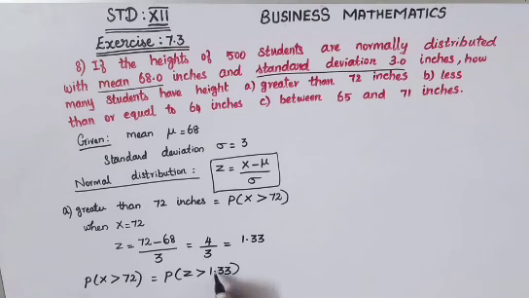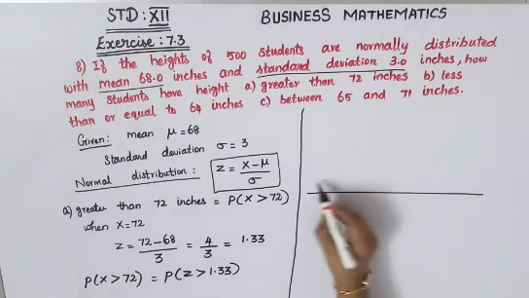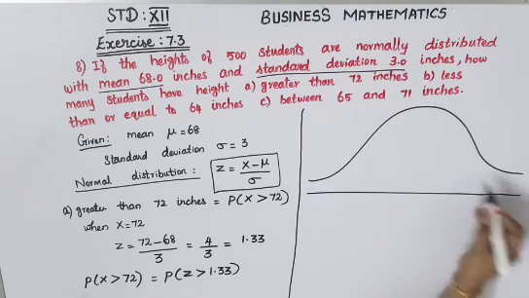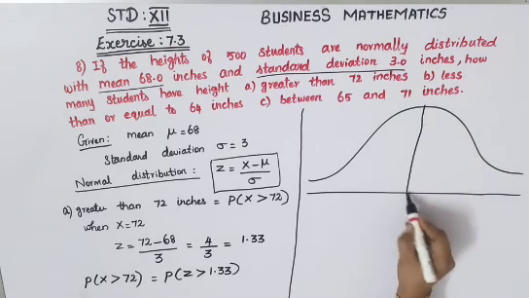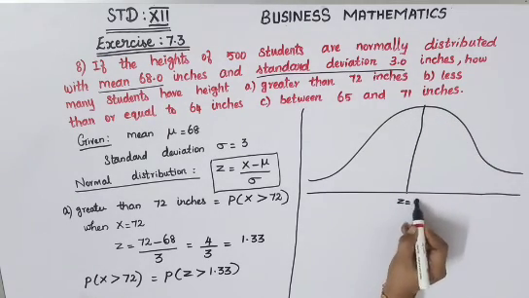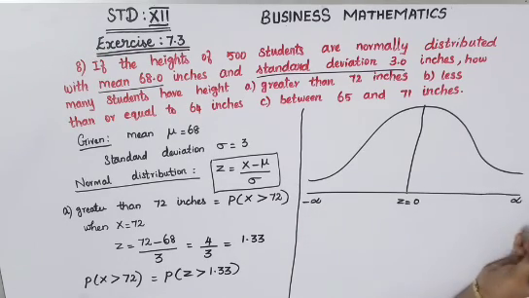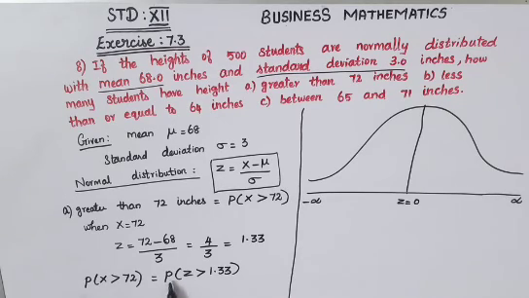Now we will have to shade this region in the normal distribution diagram. So z will be in the middle, z is equal to 0. Here you will have minus infinity, and here it will be plus infinity. Now the region is P of z greater than 1.33, we will have to find it.